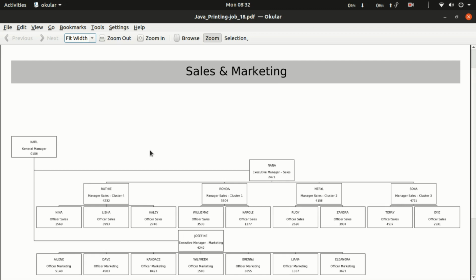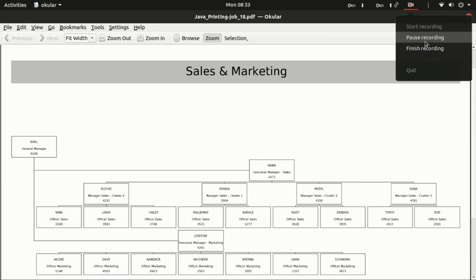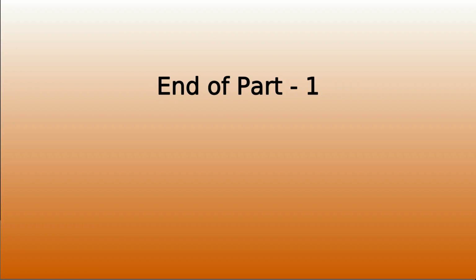This is how we use the Excel file as a data file for creating our organogram. I hope you understand the whole procedure and it will help you in printing the graph for your organization.